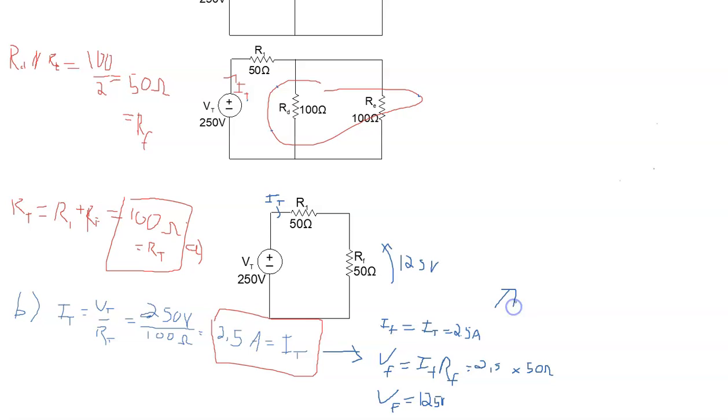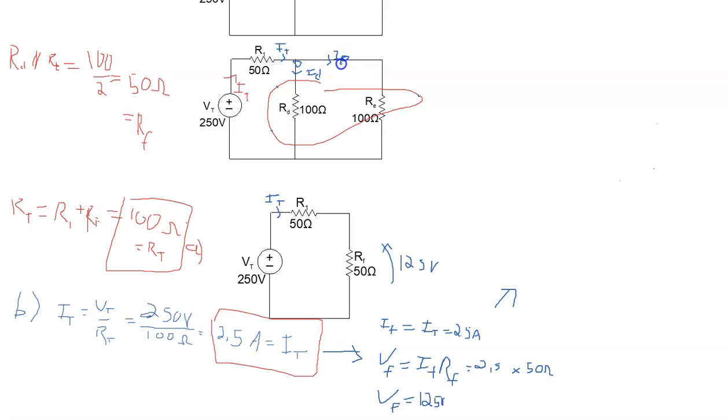So we move over here now. We're going to say that in this circuit up here, if I write Kirchhoff's current law, IT is equal to ID plus IE.